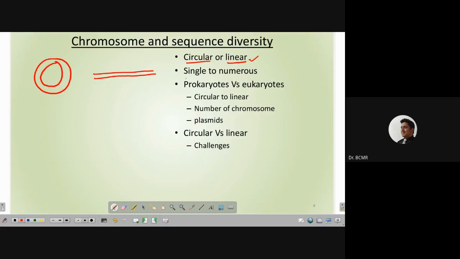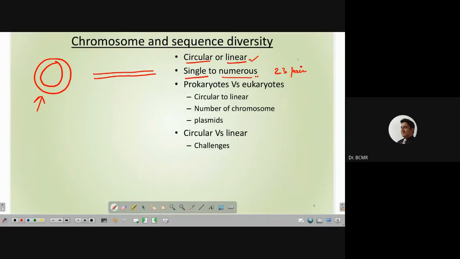And in bacteria and others, usually it is circular DNA, but there are bacteria which have two circular DNAs as part of the genome. And they can be single or numerous. Numerous, as we were discussing about our own chromosomes, we have 23 pairs of chromosomes.